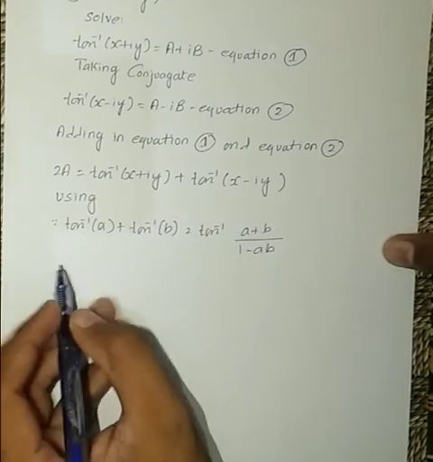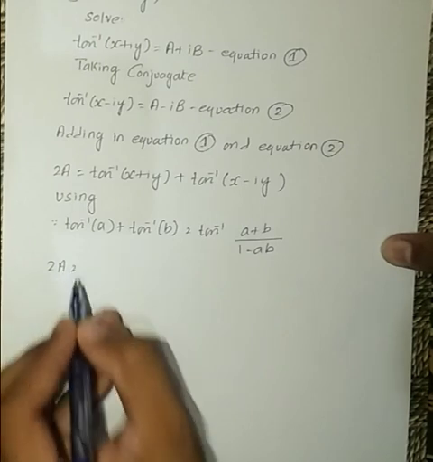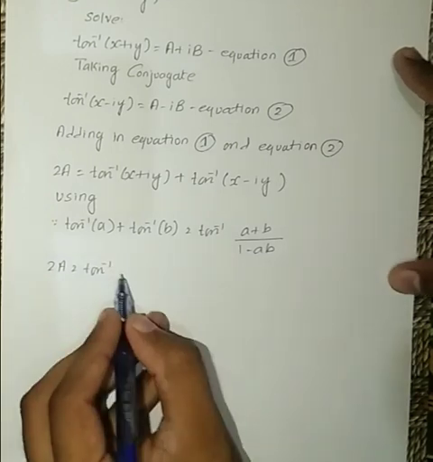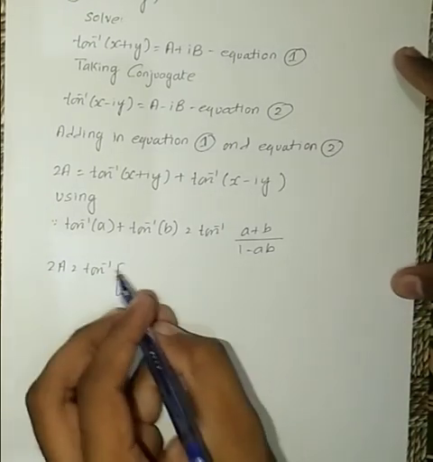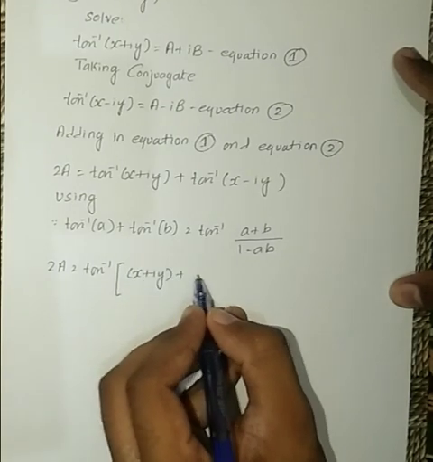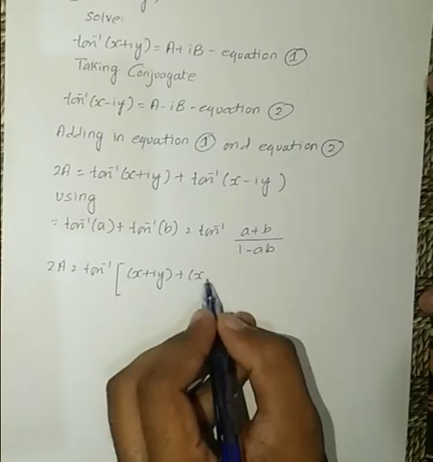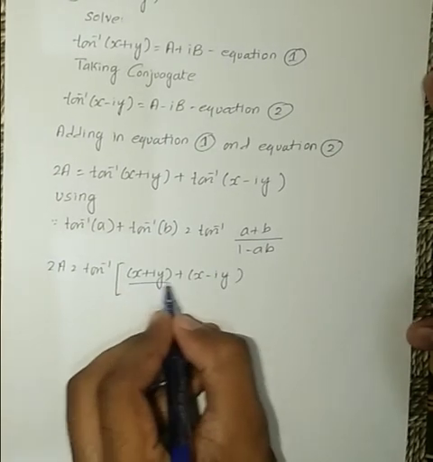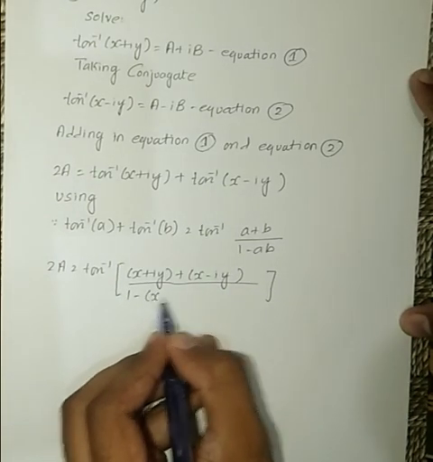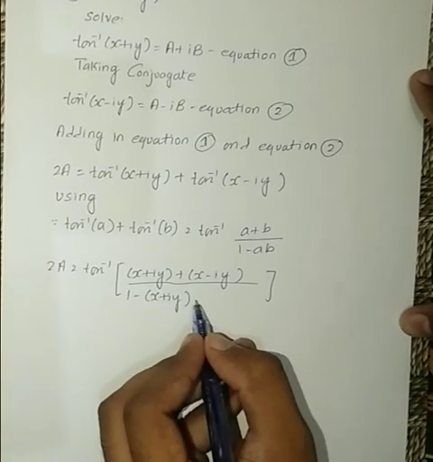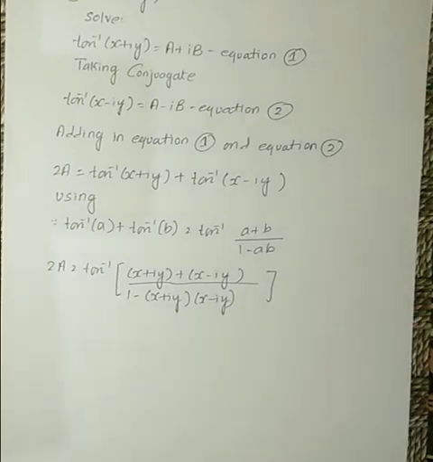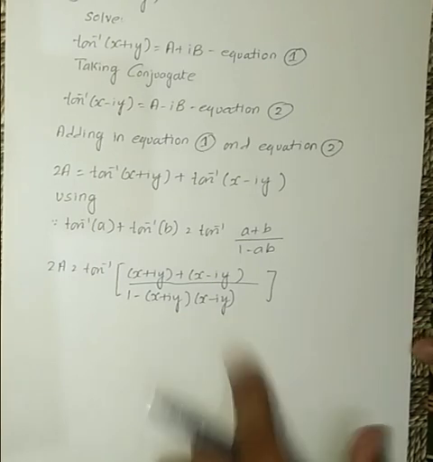So putting in the formula, 2a equals tan inverse of, taking a bracket, x plus iota y plus x minus iota y, divided by 1 minus x plus iota y times x minus iota y.